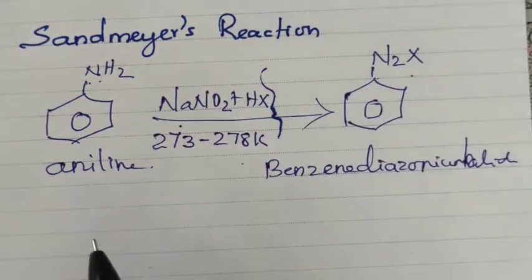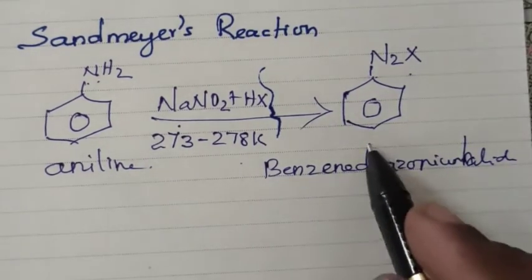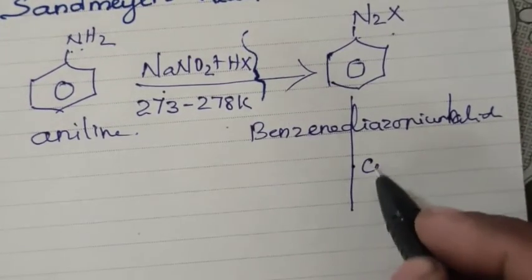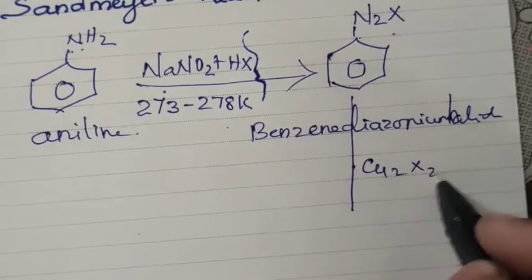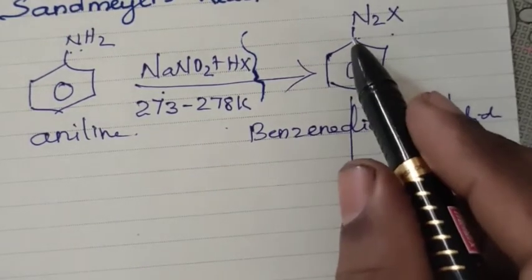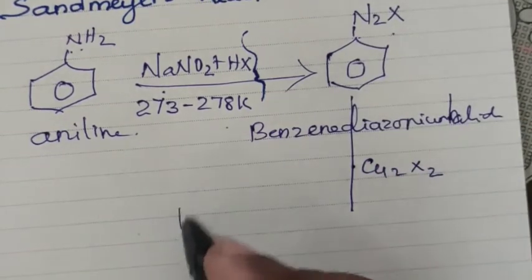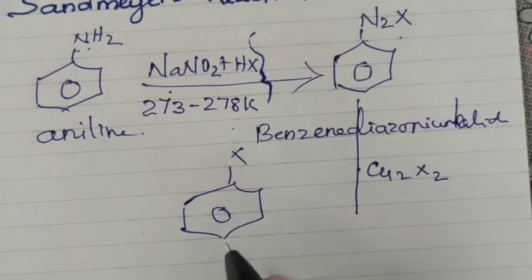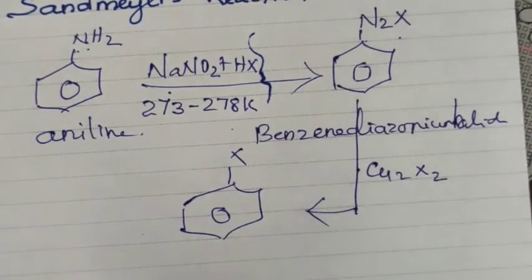This compound N2X, when treated with Cu2X2, copper halide, the N2X group will be converted into X, that is, aryl halide.